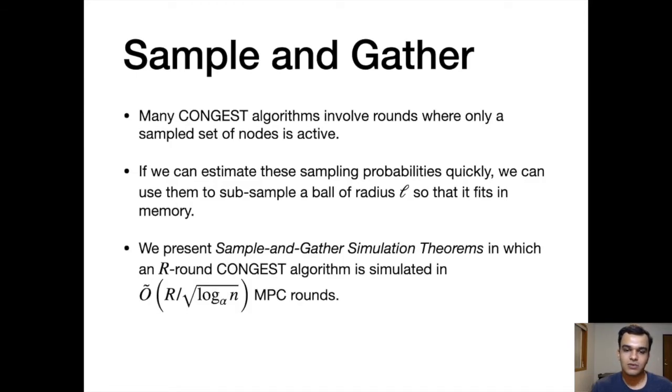This leads us to sample and gather simulation theorems in which an R-round CONGEST algorithm is simulated in R over square root log n base alpha rounds of the MPC model. Here alpha controls the sampling probability, and I will give some intuition as to what alpha looks like later on.